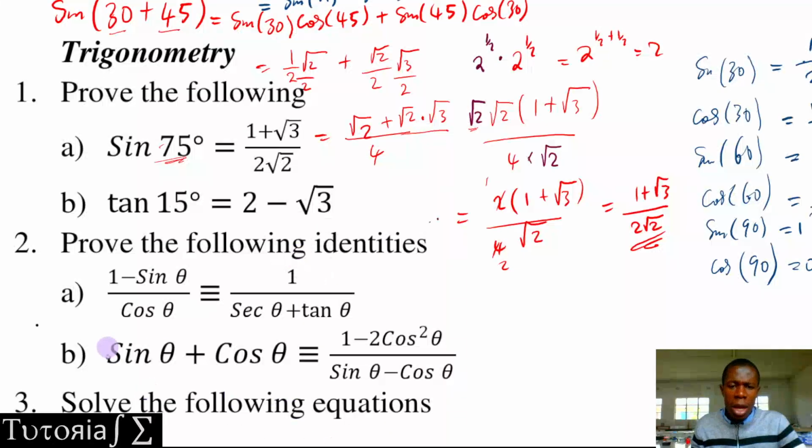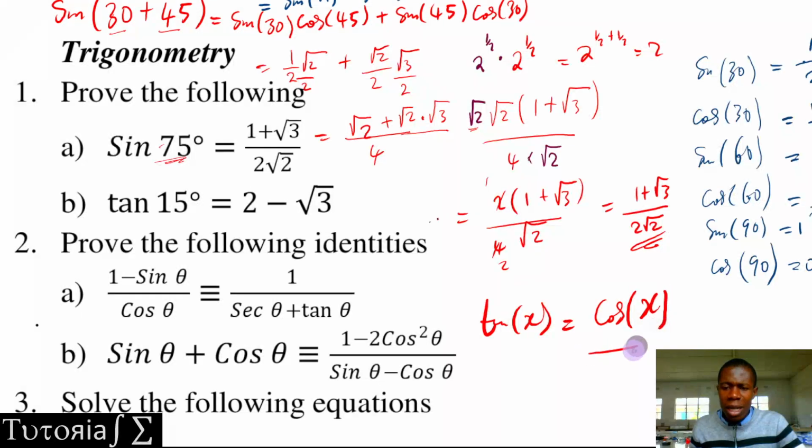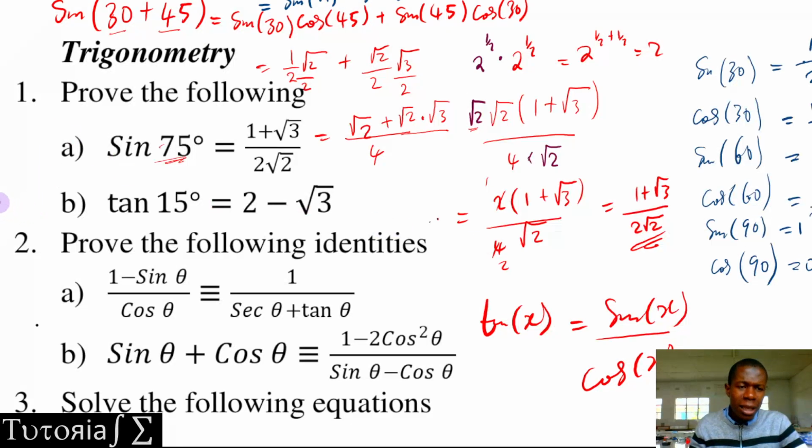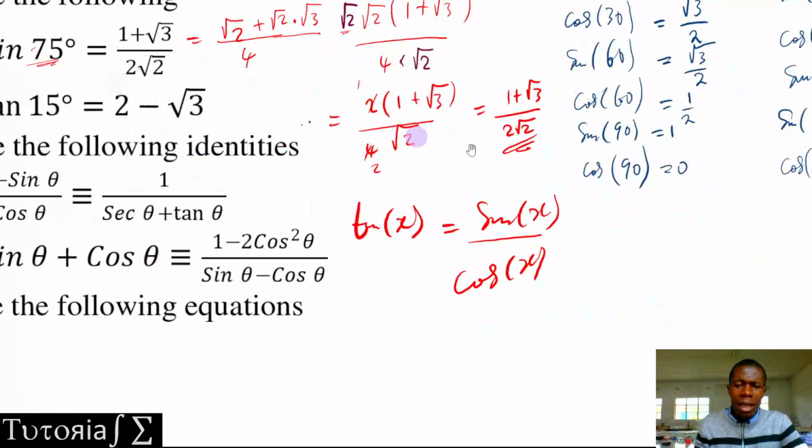question B here. So we know that tan of x is equal to sine of x over cos of x. Sorry for that. So tan x equals sine of x over cos of x.